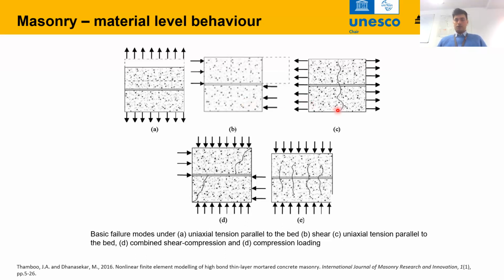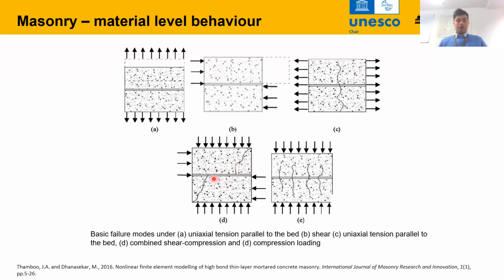In the third figure, we have the direct tension in the other direction, where we can see the splitting of units and the mortar joint as well. And we generally encounter combined loading, for example, combined compression, the gravity loading, and then the lateral earthquake loading.